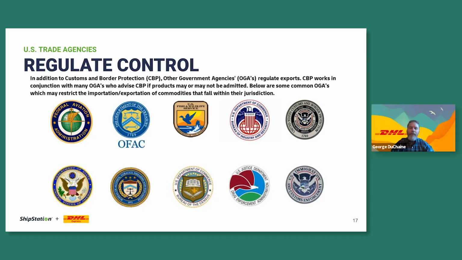So then we have the customs folks, the State Department. Customs probably is the organization that DHL works with most often. These are the folks that ask us to provide them with export information so that they can do targeting. These are the folks that we're clearing shipments with.